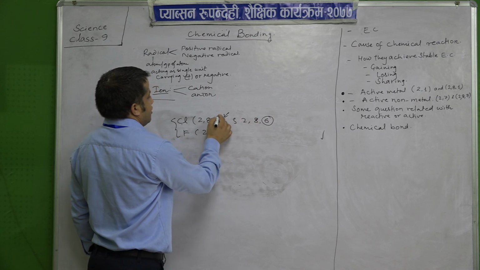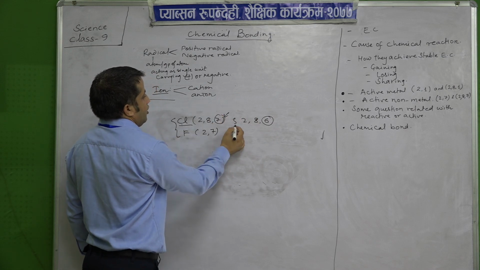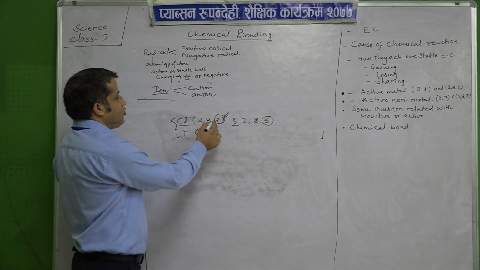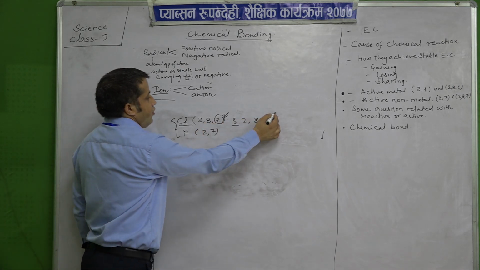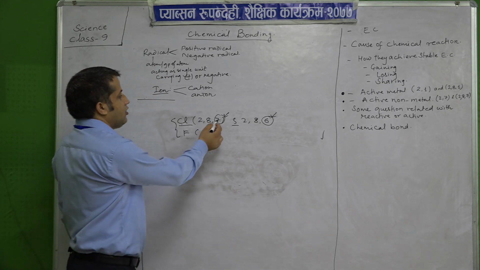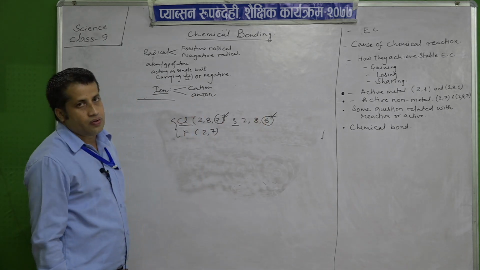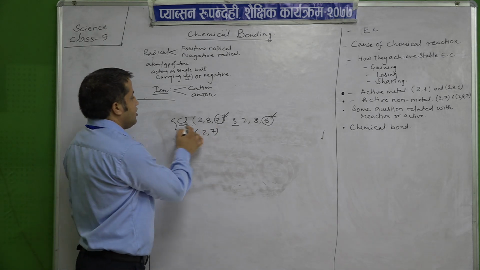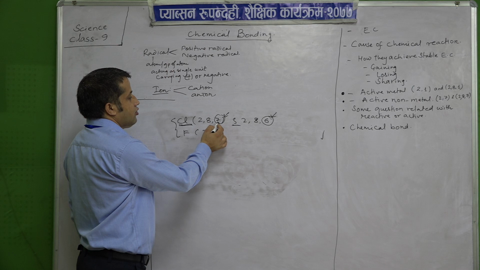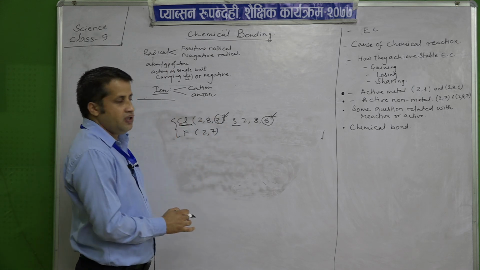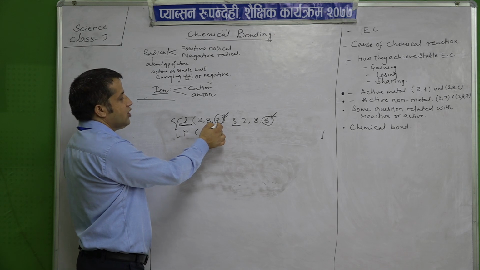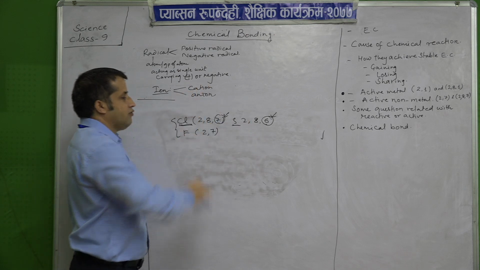In this case, chlorine and sulfur both have 3 shells. In the outermost shell, chlorine requires only 1 electron, whereas sulfur requires 2 electrons. So it is easier to gain 1 electron as compared to 2 electrons, isn't it? Chlorine and sulfur have 7 and 6 valence electrons respectively, so chlorine gains 1 electron much more easily than sulfur.